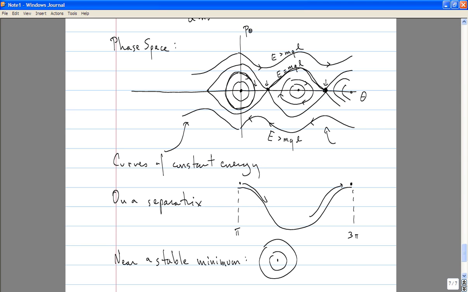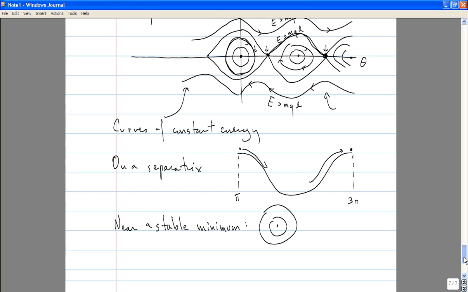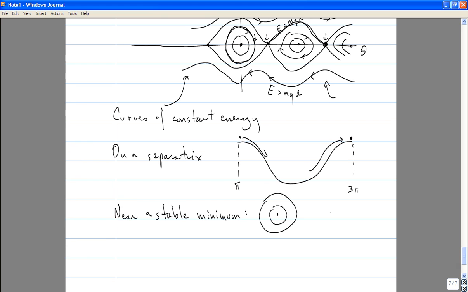And then as you move away from a stable equilibrium, the orbits will be not exactly circular, but almost circular. So for a simple harmonic oscillator, the orbits are circular, and near a simple harmonic oscillator, the orbits are almost circular. So the curves of constant energy are nearly circular.